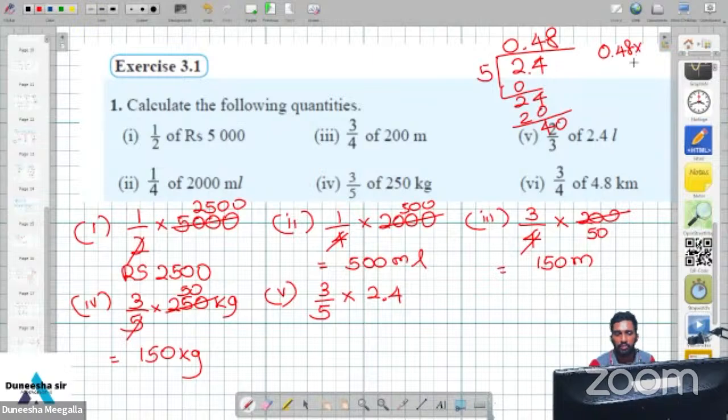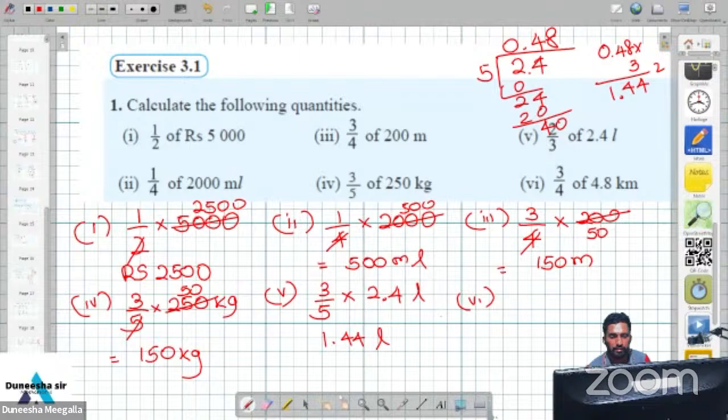Okay. Then you have to multiply by 3. Then 4, 2 is remaining. 12, 12 and 2. What is 14? What is the answer? 1.44 liters. Okay. Liters.